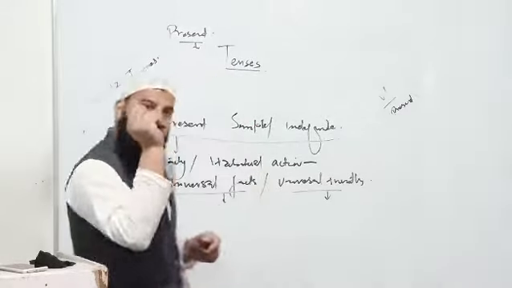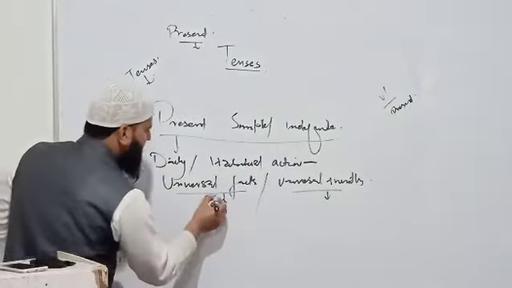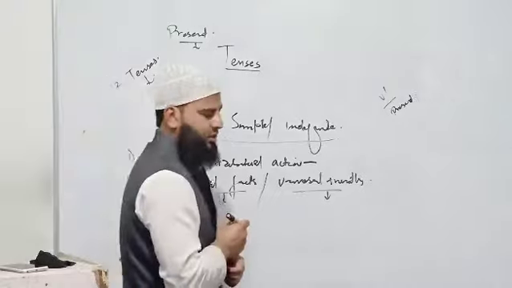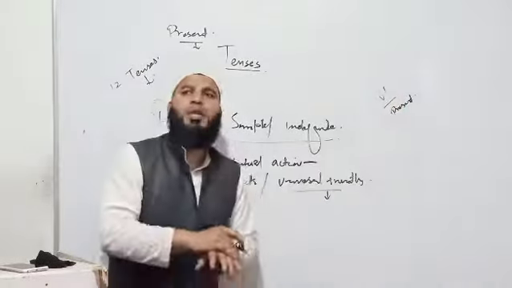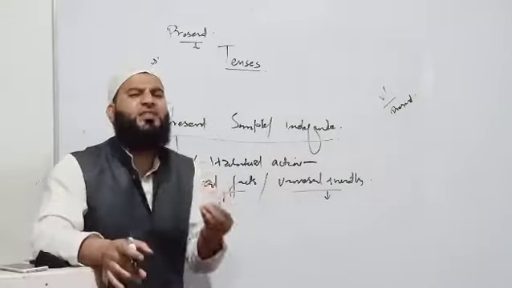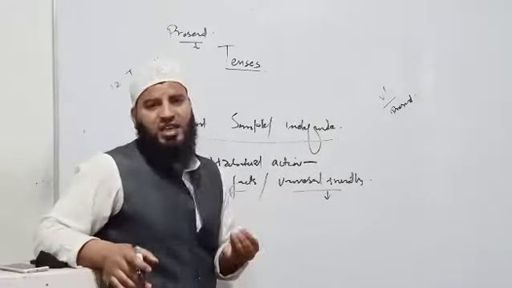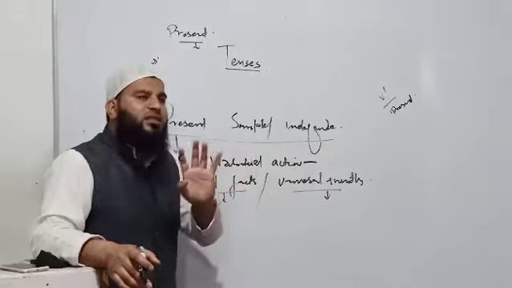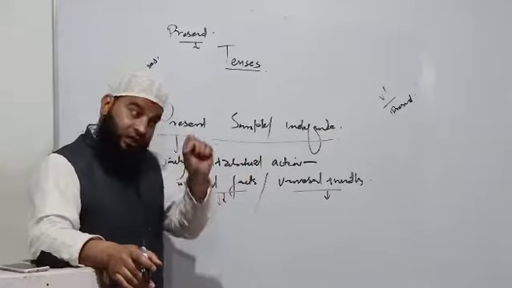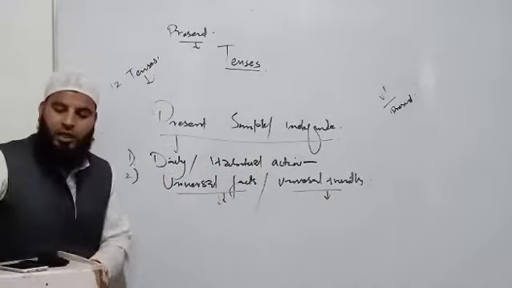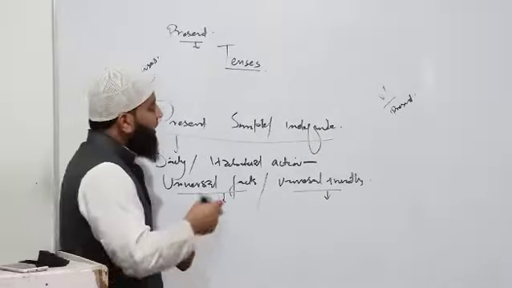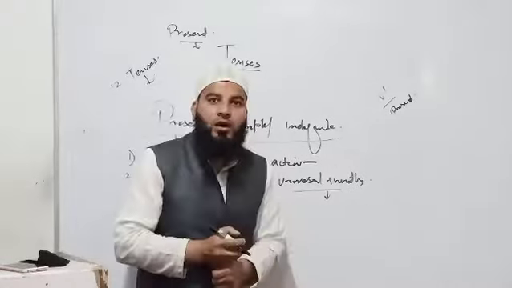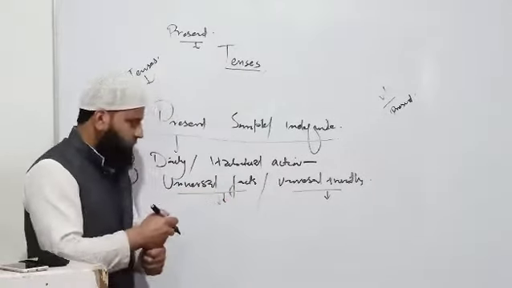Are you getting? Number two, those actions which are universal facts. Universal facts are those things which will never be changed. Now, scientifically, sometimes they might not be true, but we say about these things that universal facts are those things which are happening in the universe daily.